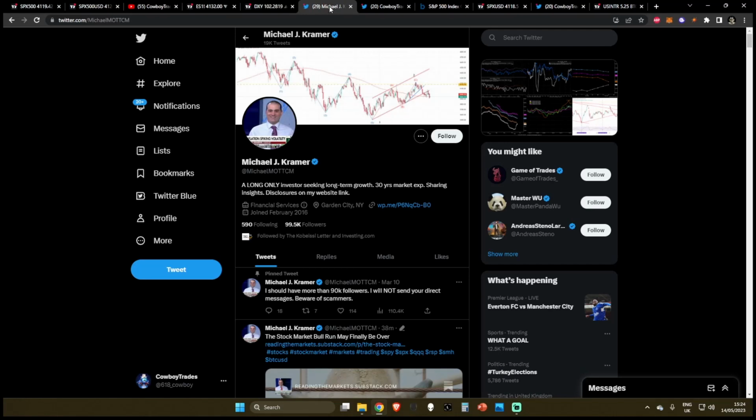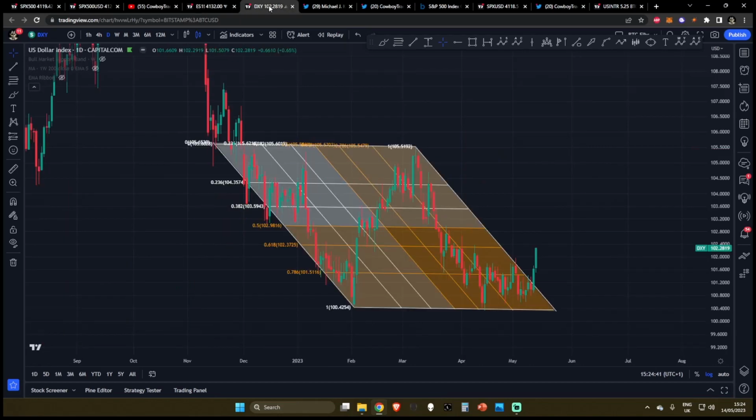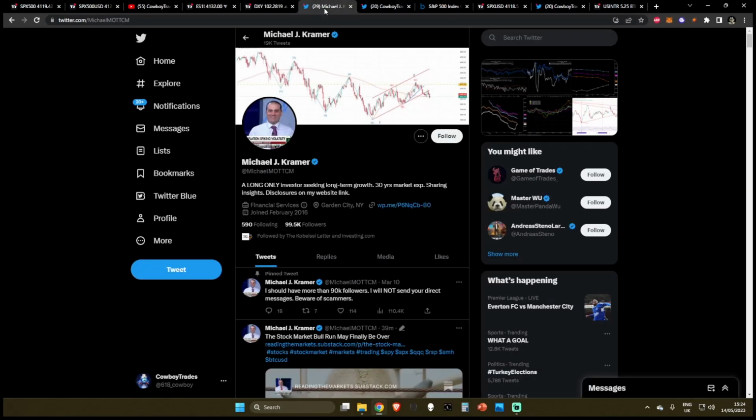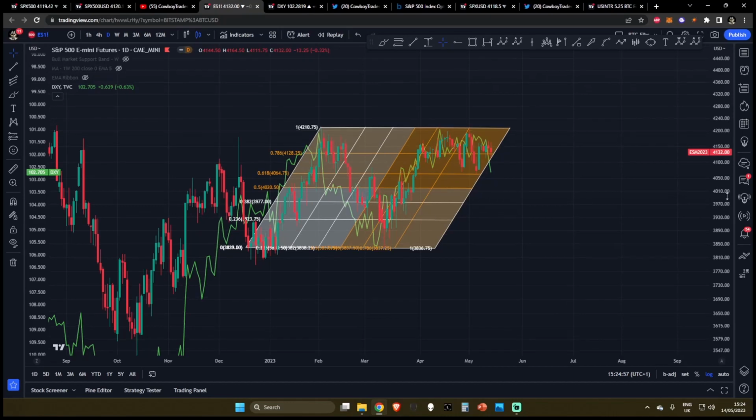So I just wanted to give credit where credit's due. I will be doing my own analysis on this chart, but the original idea for these DXY and S&P 500 Fib Parallelograms was by this economist, Michael Kramer. Not my original idea, but I will be diving into the TA on my own from here. So let's dive into this.